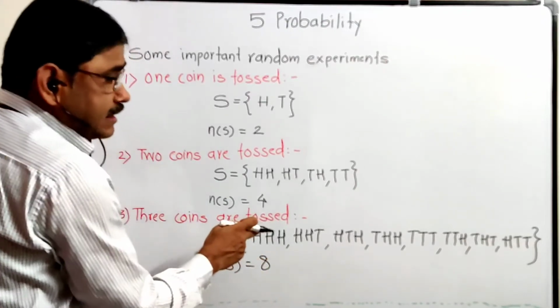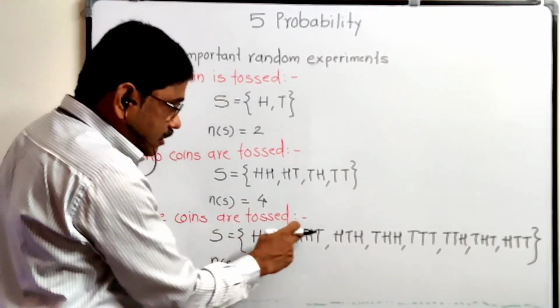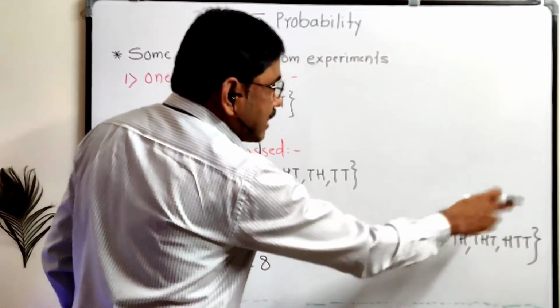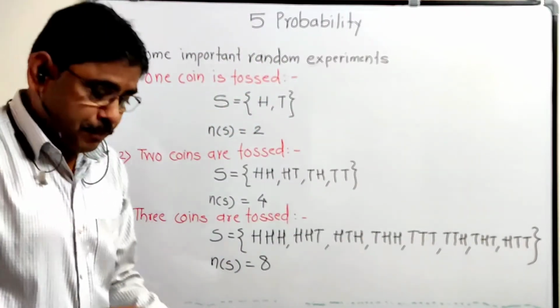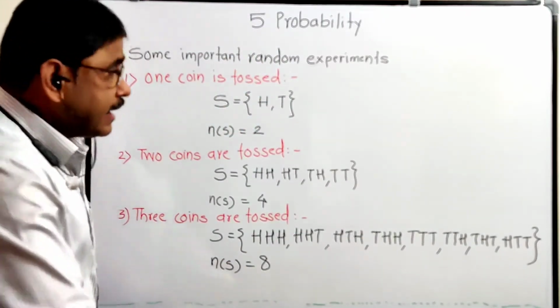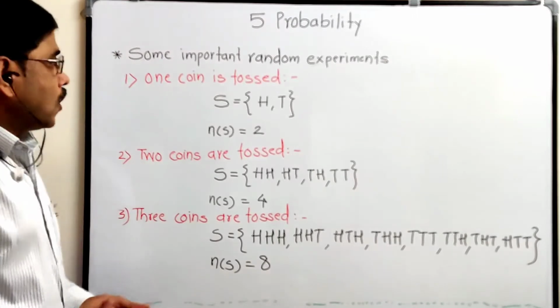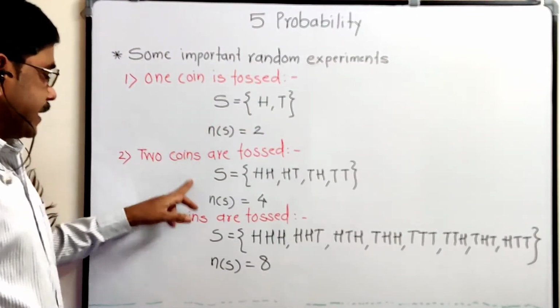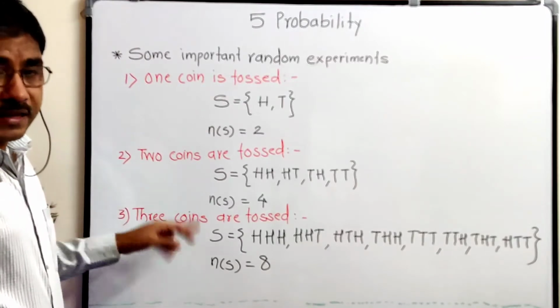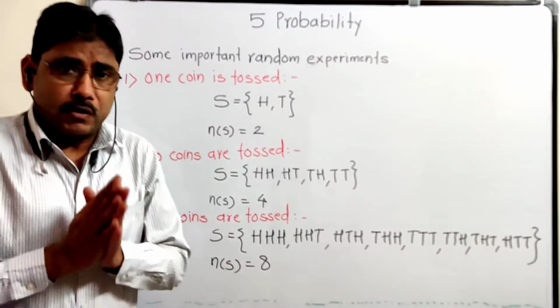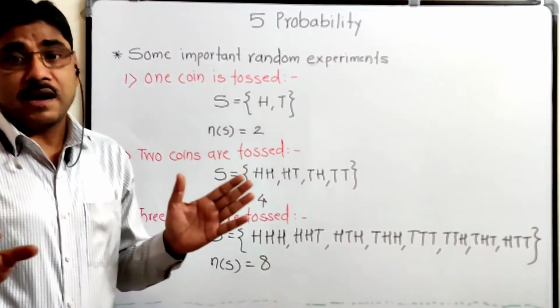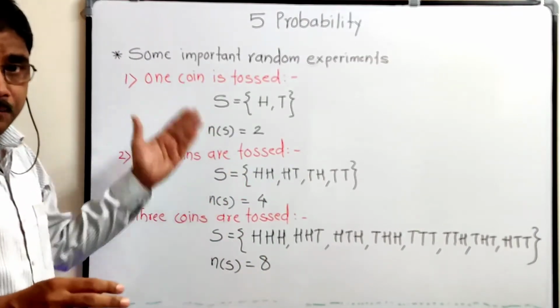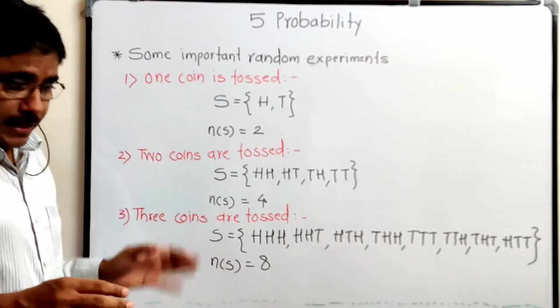How many sample units are there? 1, 2, 3, 4, 5, 6, 7, 8. So NS is equal to 8. These are the 3 random experiments of the coin: 1 coin, 2 coins, and 3 coins. Remember this, because most of the sums are based on the coin random experiments.